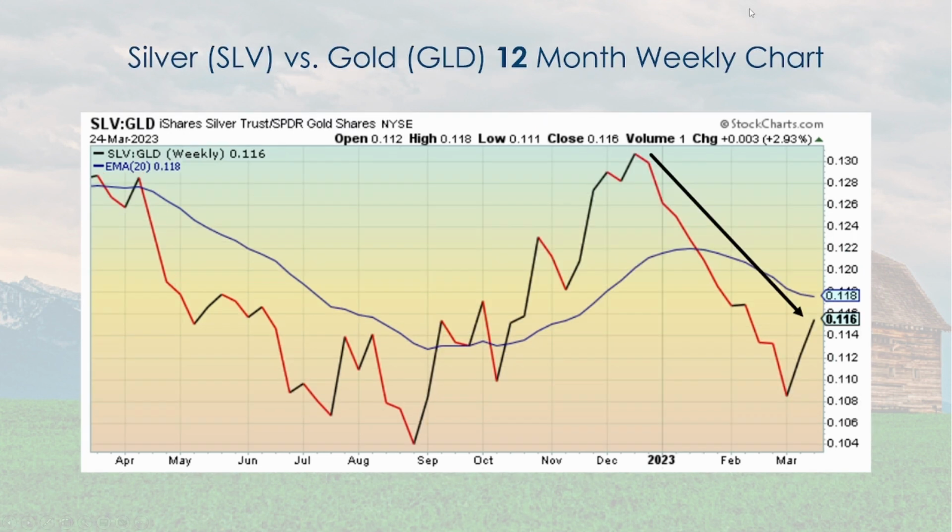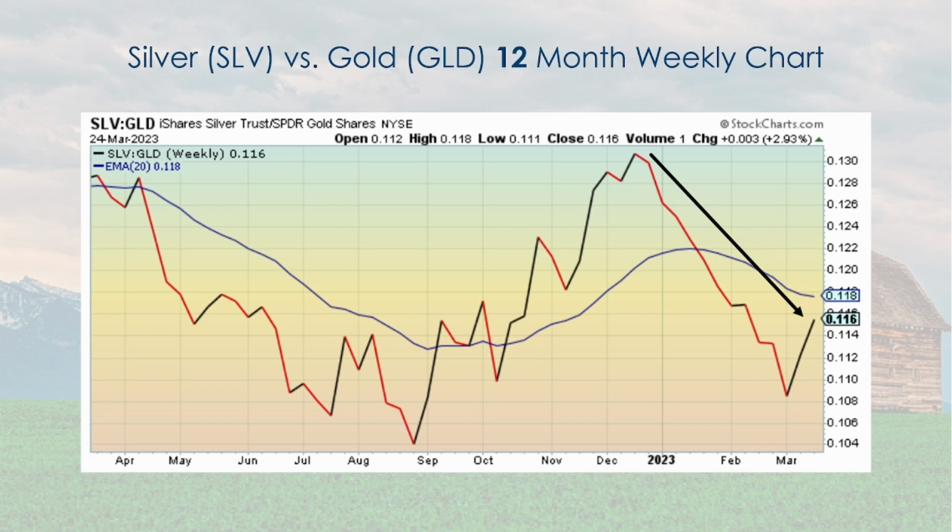This is a relative strength chart. You're showing whether that goes up or down, how one is moving relative to the other. If this goes down, that would favor gold, because the numerator is silver, denominator gold. If it goes up, that's going to favor silver.